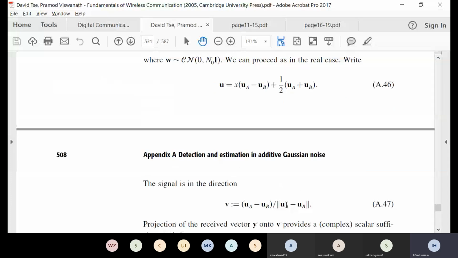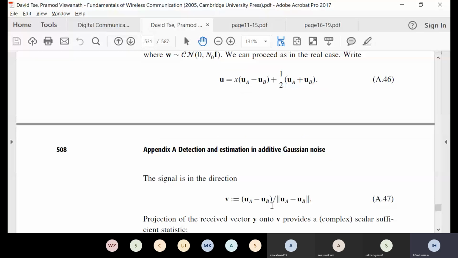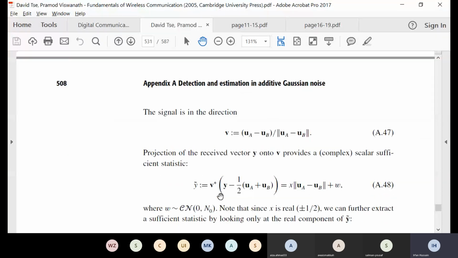Now again, I develop the same projection of the received signal onto v as previously, but the only difference is that there they were all real, and here it is a complex vector. So I have to use V^H, or V Hermitian, which the book writes as V conjugate, meaning transpose plus complex conjugate.